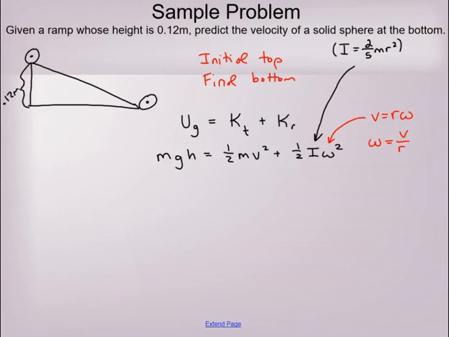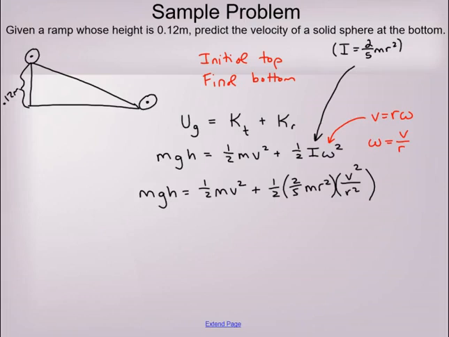And this is going to be, by the way, the velocity of the center of mass of the system, using the ideas of how these two linear and rotational connect. So I rewrite the equation, but I plug in the 2/5 mr squared, and v over r in for omega.